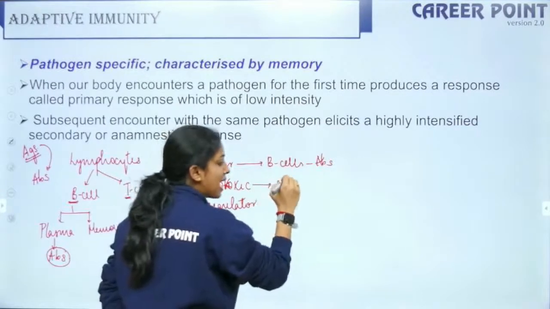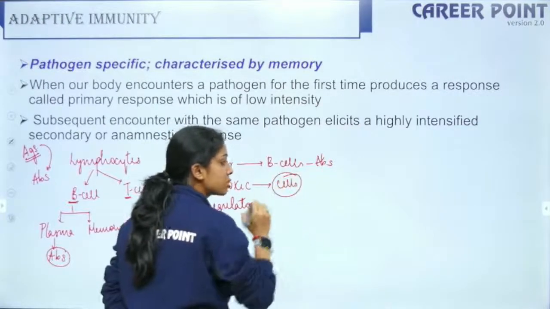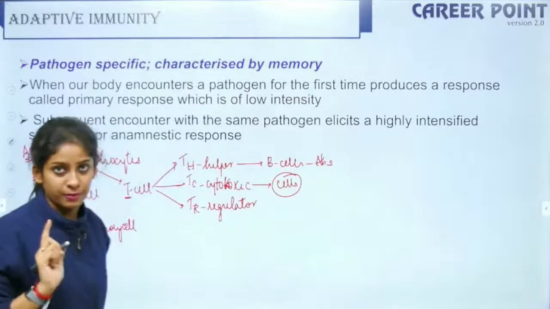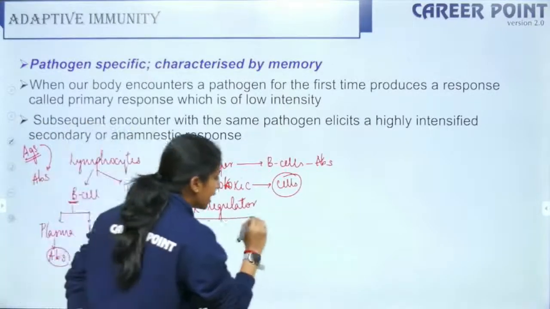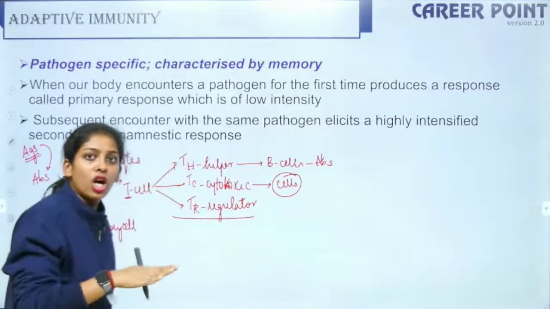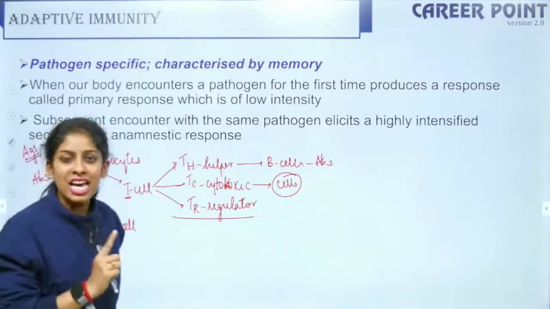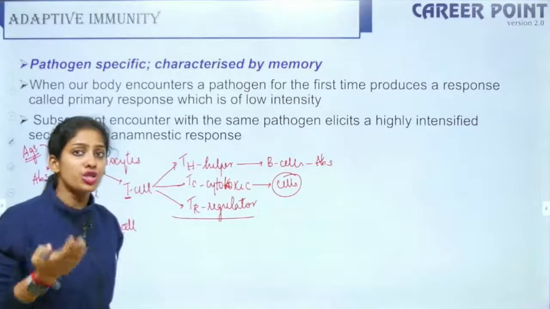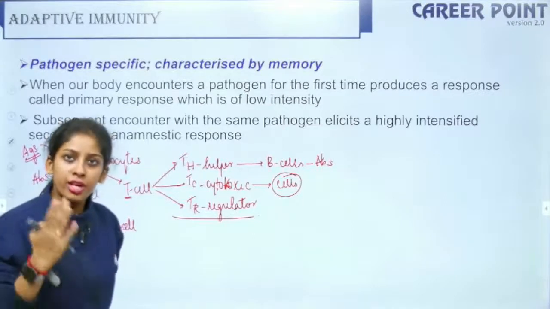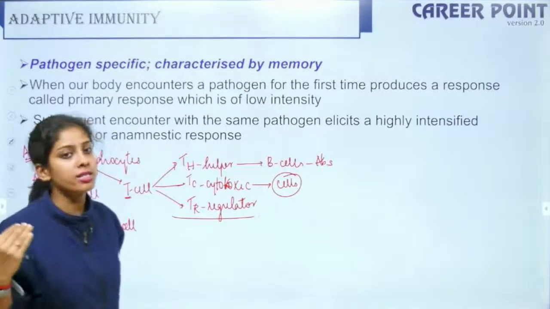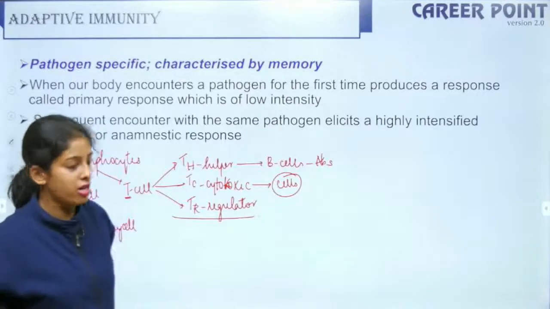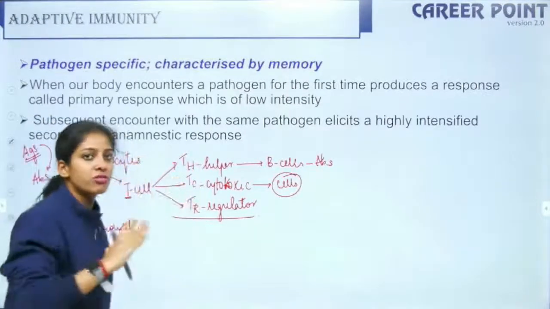TC cells attack cells that are suspicious of carrying antigen. T regulator cells bring down the concentration of T cells after infection. At the time of infection, T cell concentration is high, but after the infection, it has to come down. Otherwise it is a signal of something very, very severe. So it brings the concentration of T cells down.